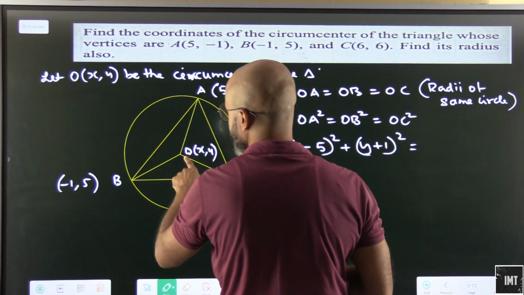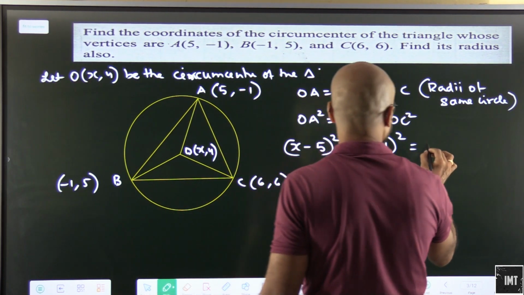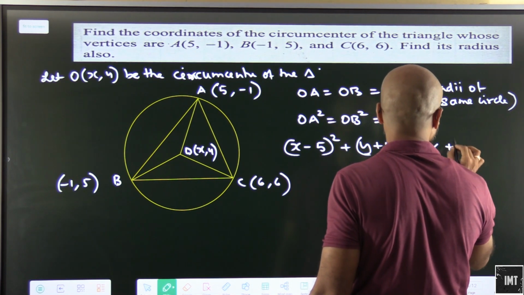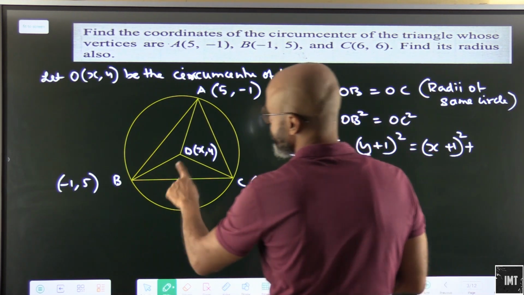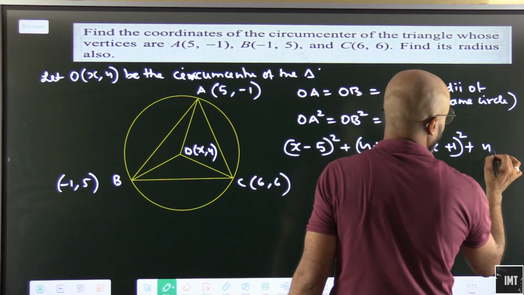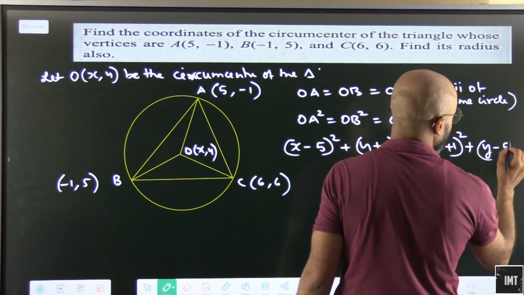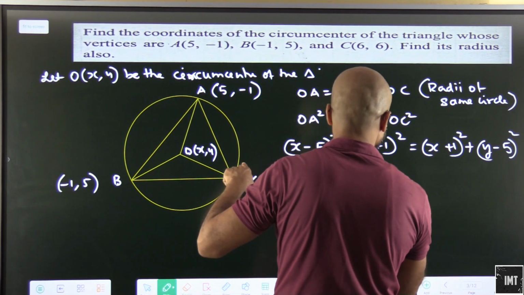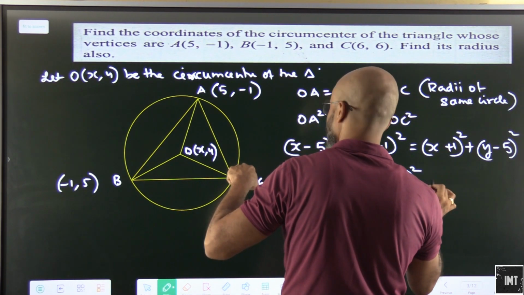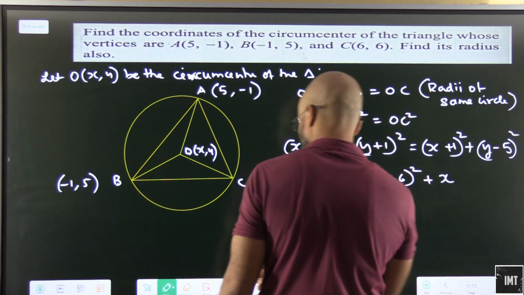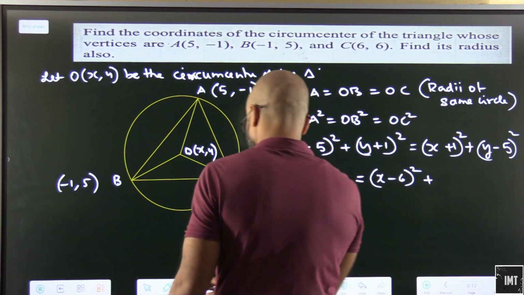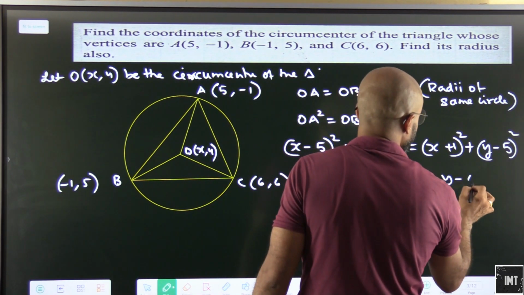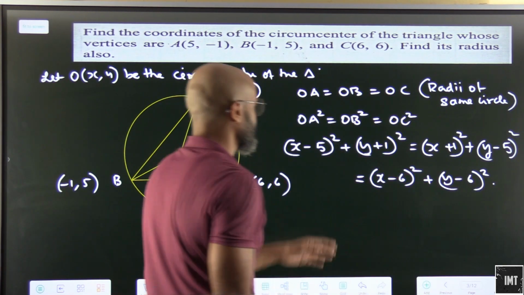OB square will be (x plus 1) square plus (y minus 5) square, which will be equal to OC square, that is (x minus 6) square plus (y minus 6) square.